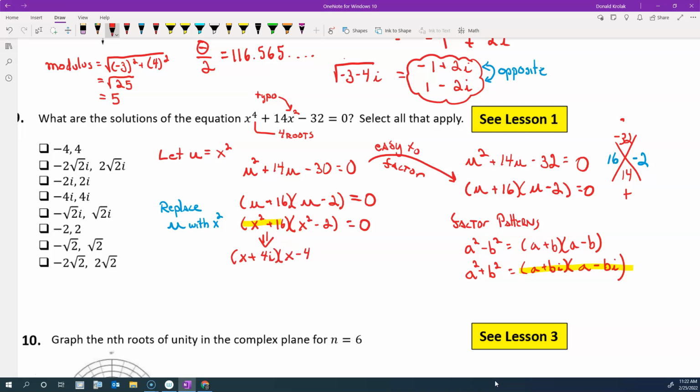So x plus 4i, x minus 4i. And then to factor this one, I'm going to use this pattern. And that is going to be x plus square root of 2, x minus root 2. And now there's the four factors.